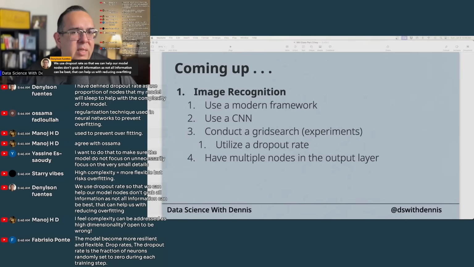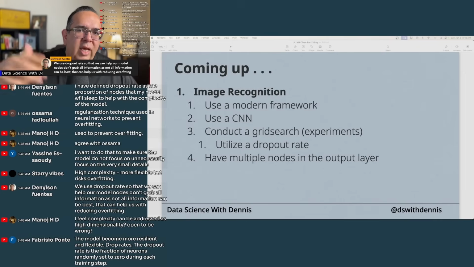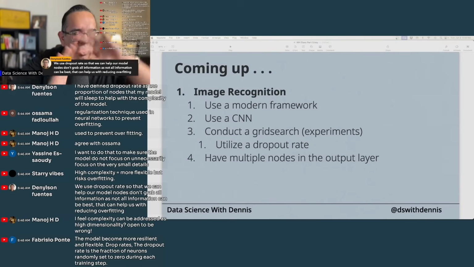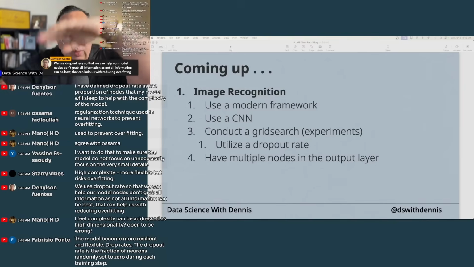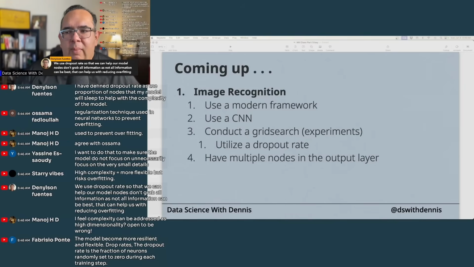That's basically what a dropout rate is. It simulates that. It says, okay, this training round, I want to shut off X number of nodes, or proportion of nodes. And that way the network has to kind of retrain itself and say, oh, here's what I need to do to get to an answer, right?